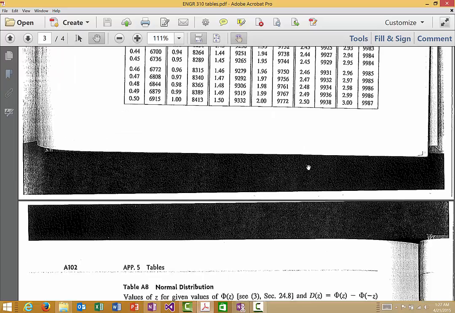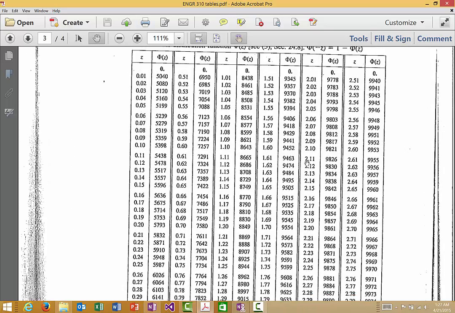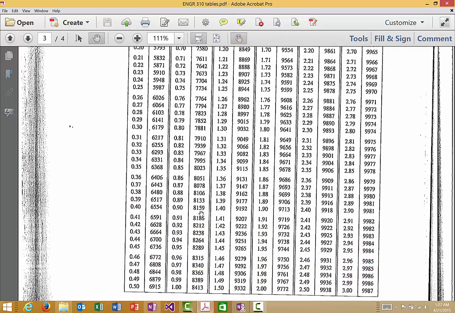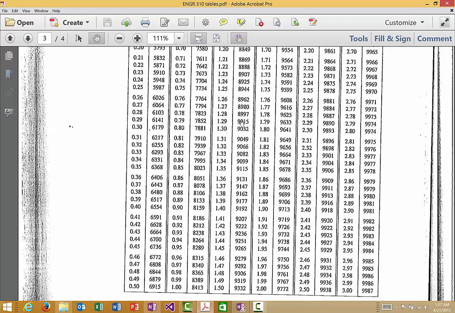Now, what if you had tried to use A7? You'd look for an entry where phi is exactly equal to 90%, and the problem is that we don't get one exactly. We have 0.9015 or 0.8997, and remember, the answer we came up with is 1.282. Here we have 1.28 and 1.29.